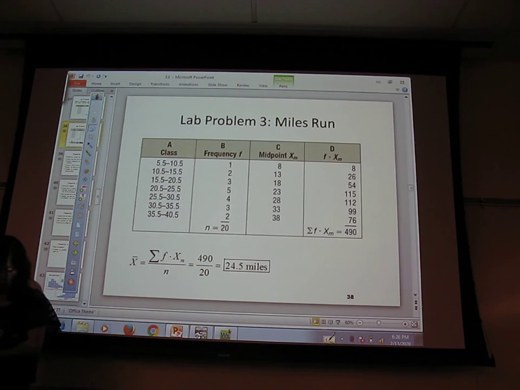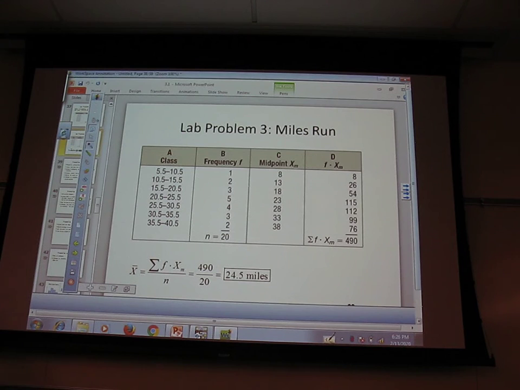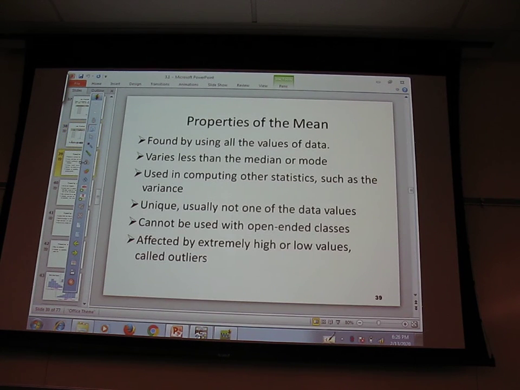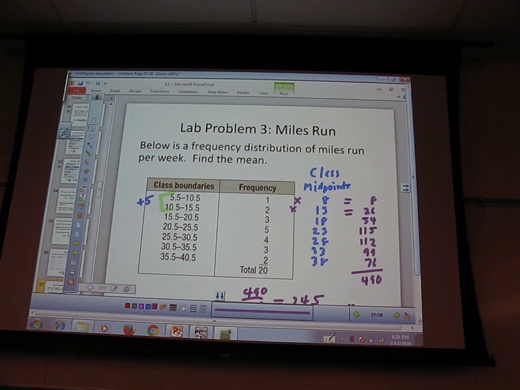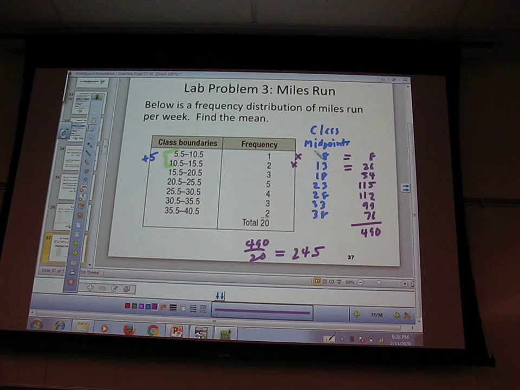All right. Here it is prettier. Oh yeah, 24.5 miles. Real quick, could you explain again why you divide by frequency? Yeah. All right, so really, these are class midpoints of what? These are miles. Is everybody okay with that part? These are miles run. These are also miles. So really, this is 490 miles times frequency.